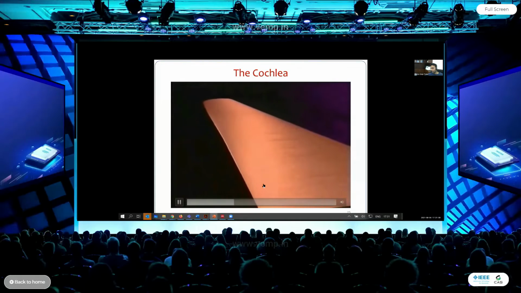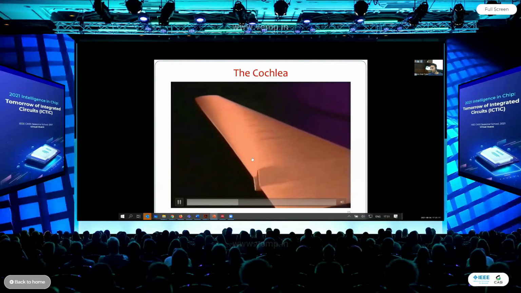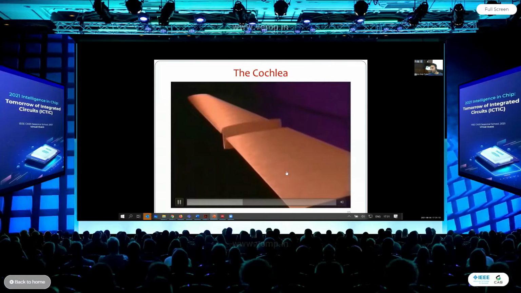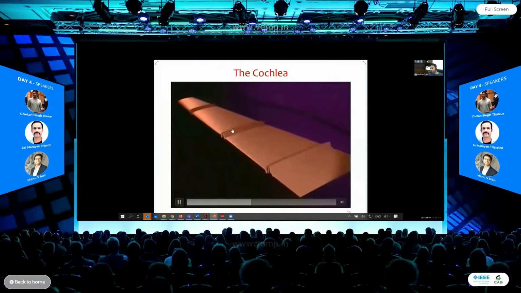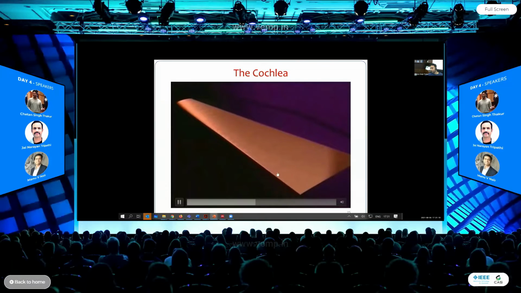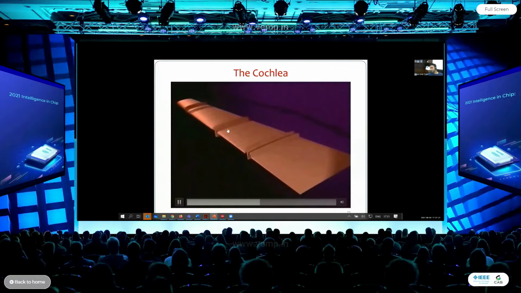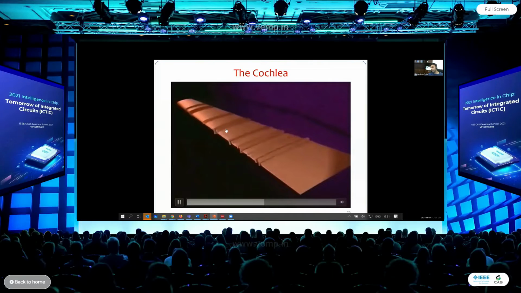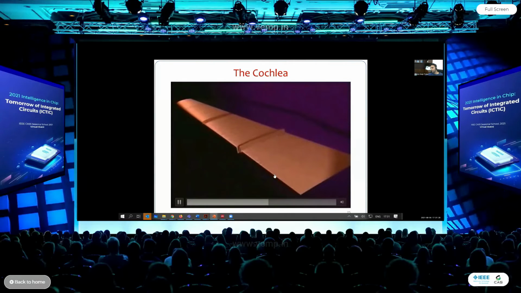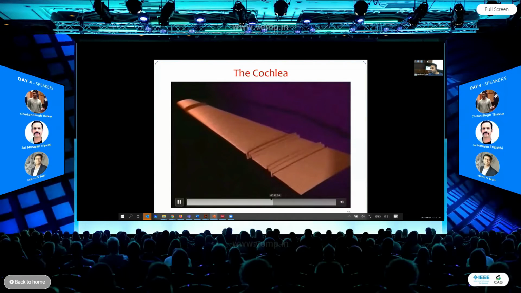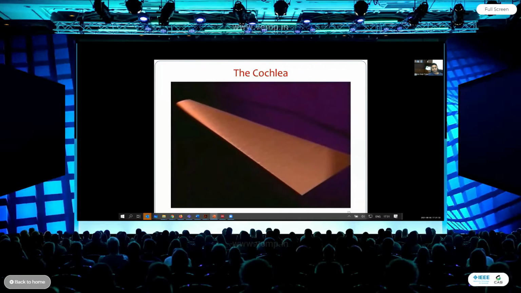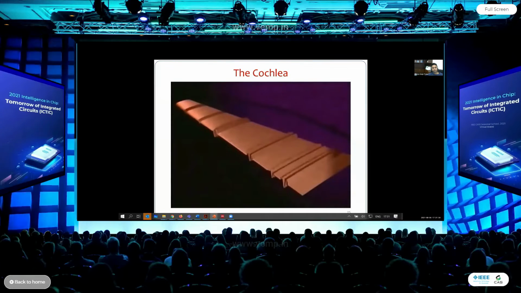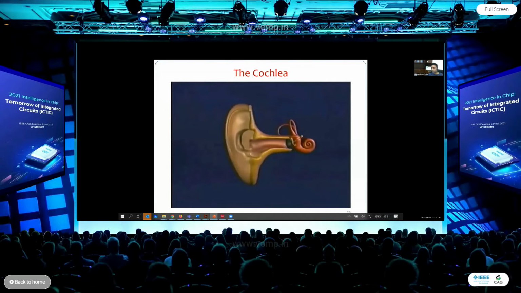If you play a single tone, it will only vibrate one particular location. You can see here, these are for a single tone. And this is a mixture of tones. You can see multiple parts of the basilar membrane vibrate. I will stop here because I think it's not audible.